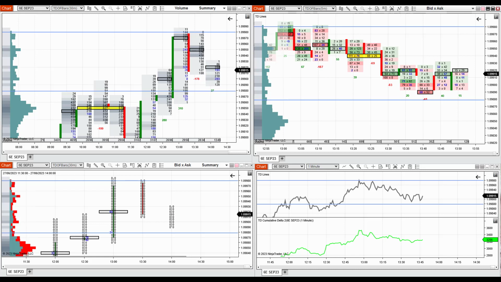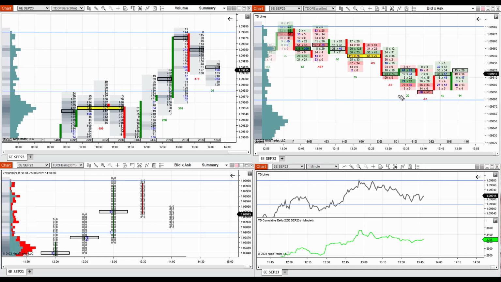An ideal case scenario would be if I saw deltas negative here, here, and here. It would tell me that sellers are more in control and that are more likely to push the price even lower. But I'm seeing buyers on deltas here, here, here, and here. Those three footprints.